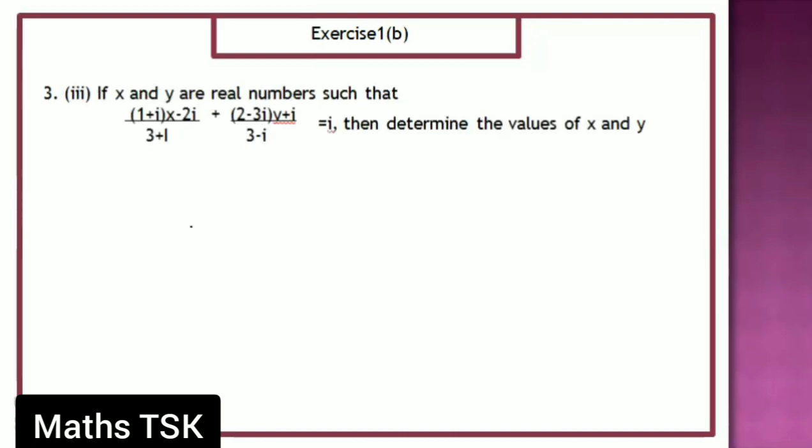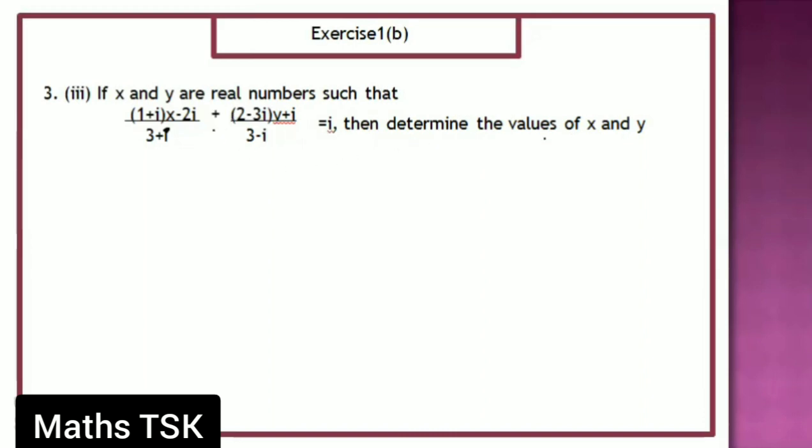Next, if x and y are real numbers such that (1 plus i) x minus 2i by 3 plus i, and then (2 minus 3i) y plus i by 3 minus i is equal to i, then determine the value of x and y.